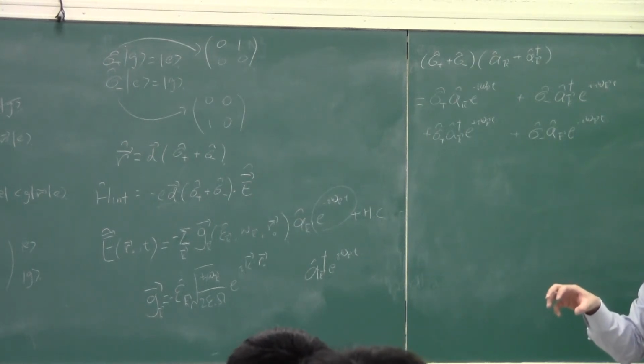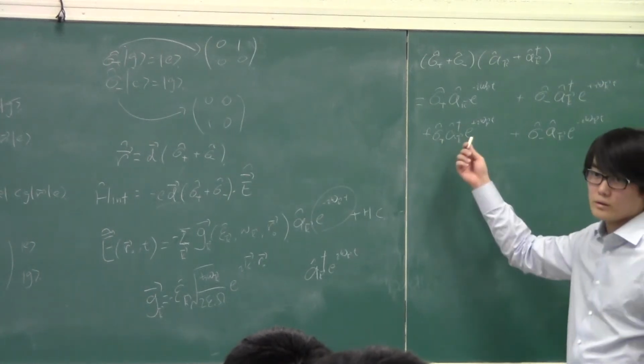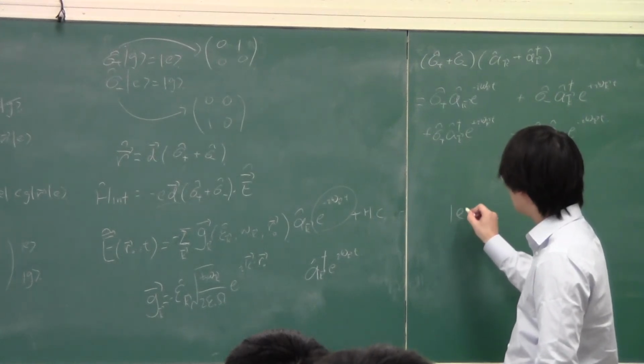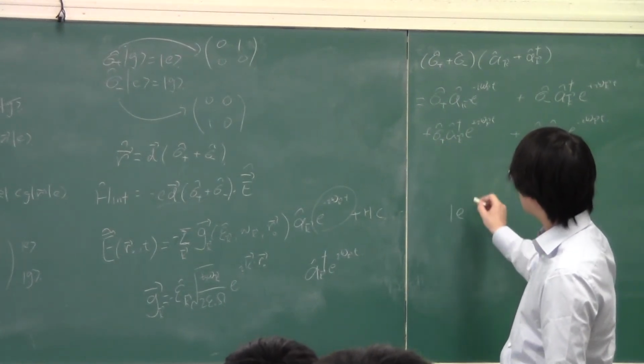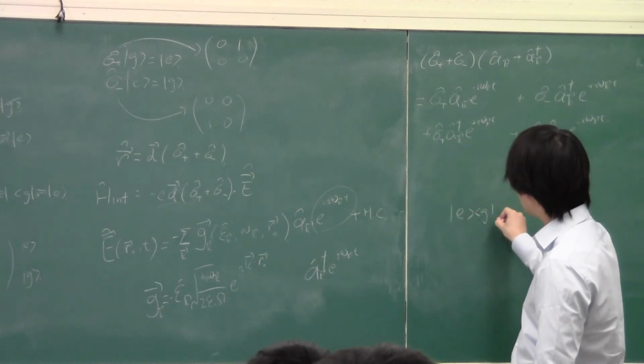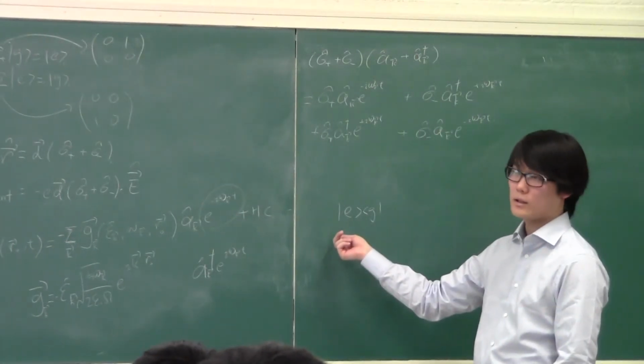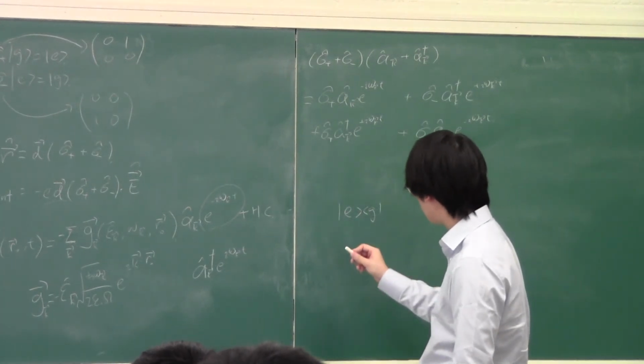In the Heisenberg picture, the time dependence is attached to the operators. And how are they attached? Let's take this one. Project onto the ground state and then change it to the excited state. That's what this raising operator does.